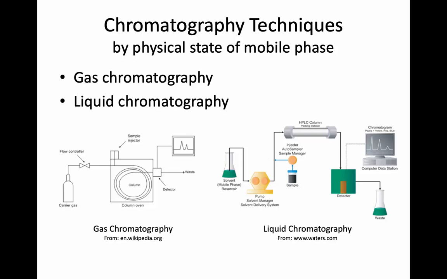As the names say, gas chromatography uses a gaseous mobile phase as your eluent that goes through your column, while the HPLC uses a liquid mobile phase.